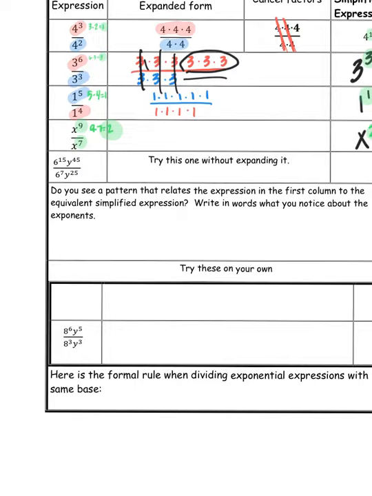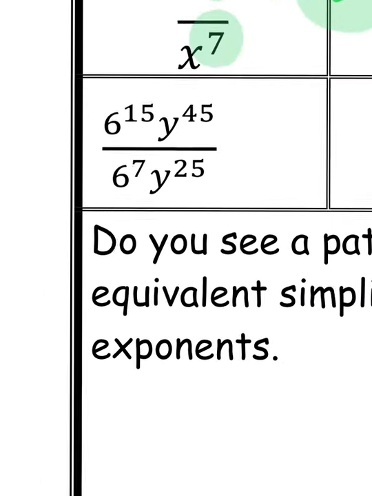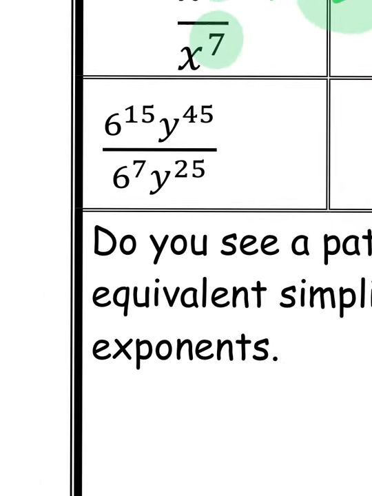Okay, so now we've gotten into one that has multiple things. So we have 6 to the 15th, y to the 45th, over 6 to the 7th, y to the 25th. Now, remember, we're only going to be able to combine or subtract exponents that have the same base.